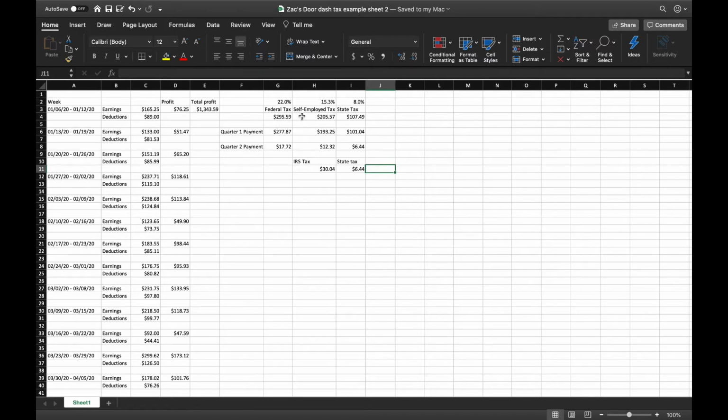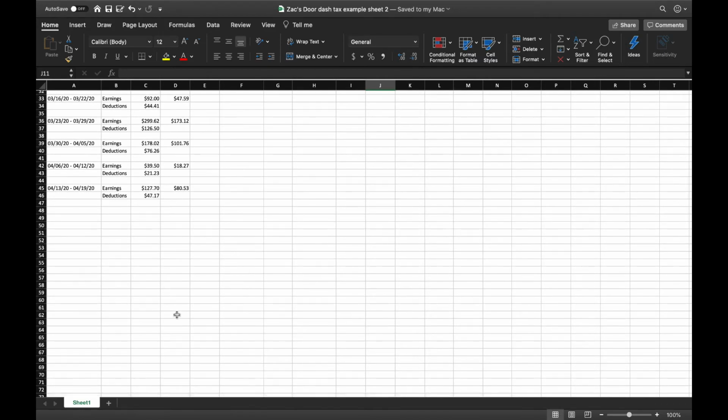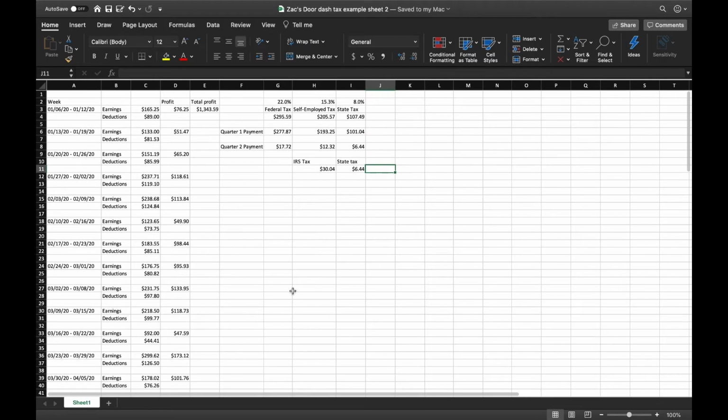This is the total amount due from all of the weeks, and my earnings stopped 1 week after quarter one had ended. So to find my quarter two payment, which is the payment of just 1 week of earnings, I subtracted my quarter one payment from my total payment needed in order to find the quarter two amount due for each of these categories.